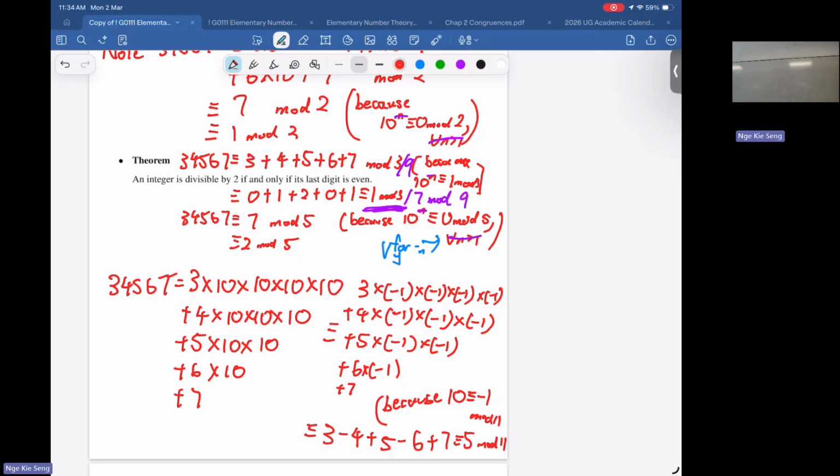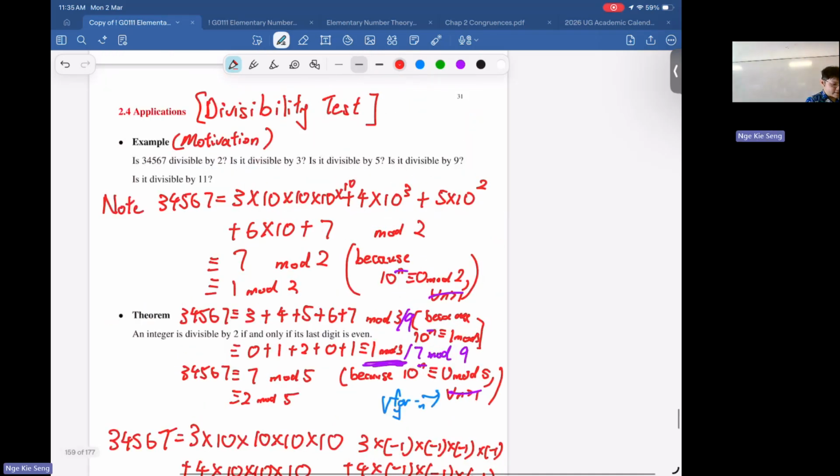So for 7, what's the power of 10? 10 to the 0. 0 is even, so it's a plus. Then 60 is minus, 500 plus, 4,000 minus: plus, minus, plus, minus. I used this example to prove it to you.